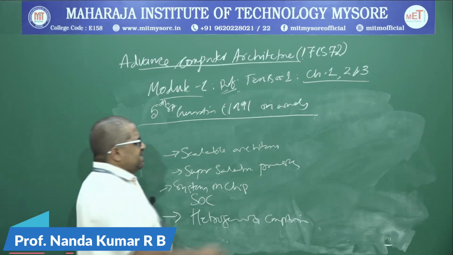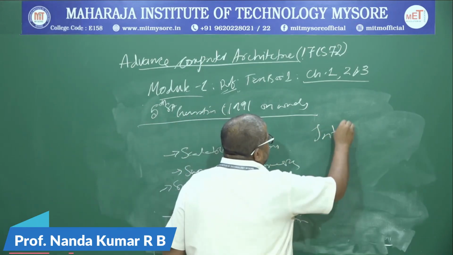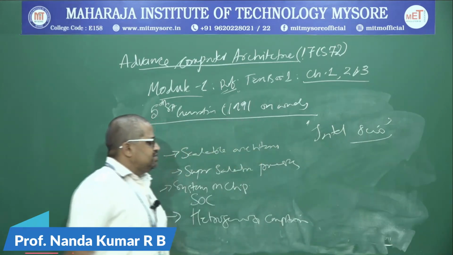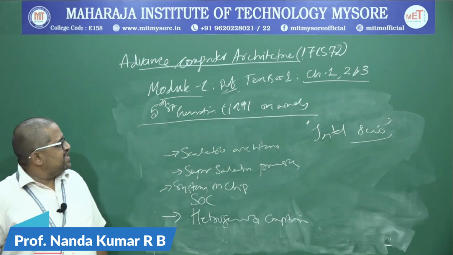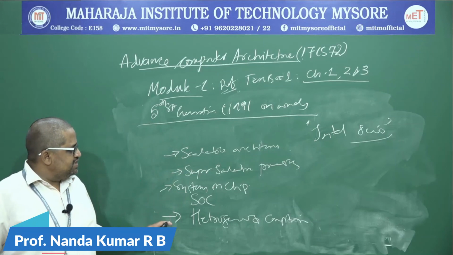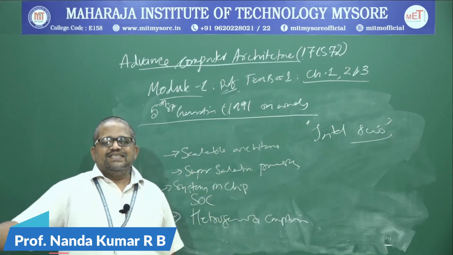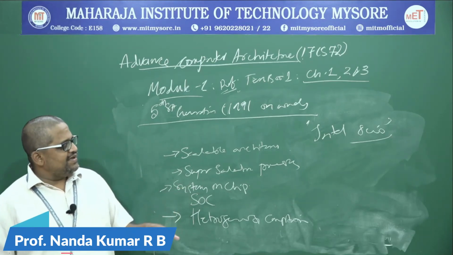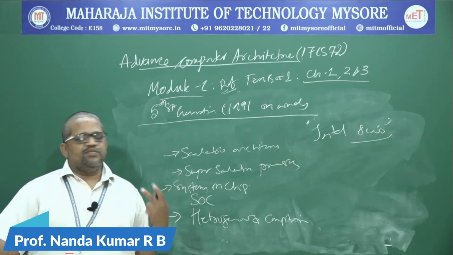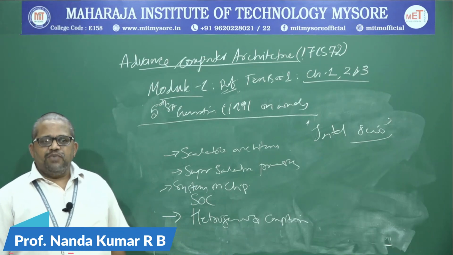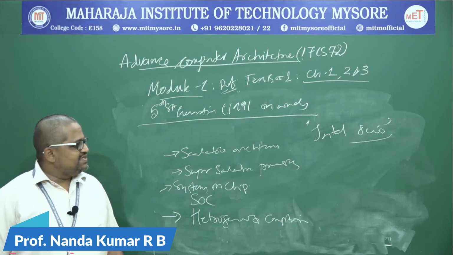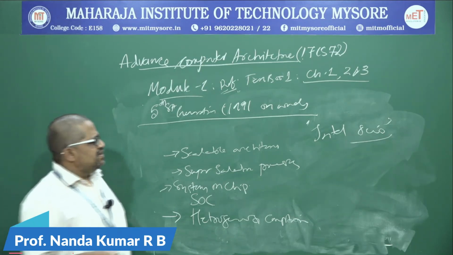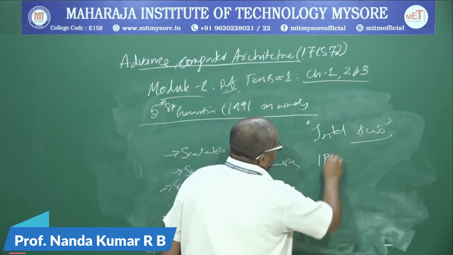If I want to name some of the earlier fifth generation computers, this is where the Intel series came into the picture, as the major players at that time. Somewhere they were able to push back IBM and come into the main picture, right. IBM was also there, I think the IBM 9000 series.